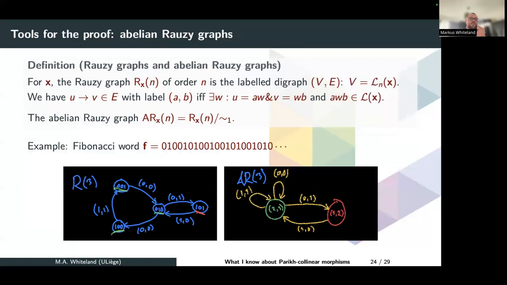So how do we go about proving something like this? Well, we use Rauzy graphs and abelian Rauzy graphs.